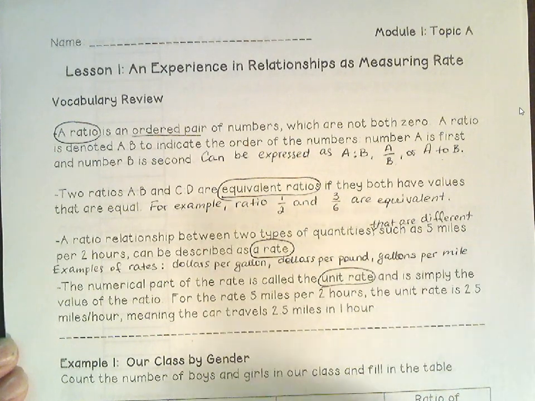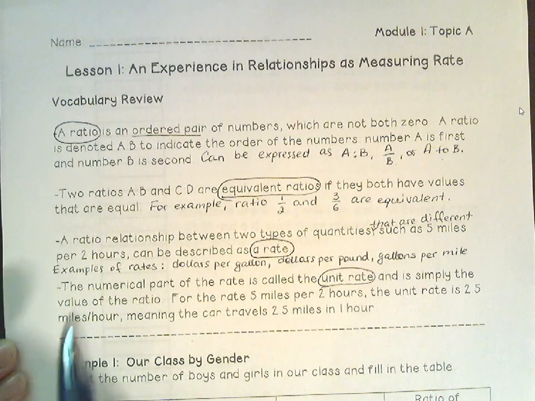So basically, to find the unit rate, we are going to divide one quantity by another quantity. And that number that we get is going to be your unit rate, because that's just the numerical part of the rate. It means some number per one unit of another quantity.